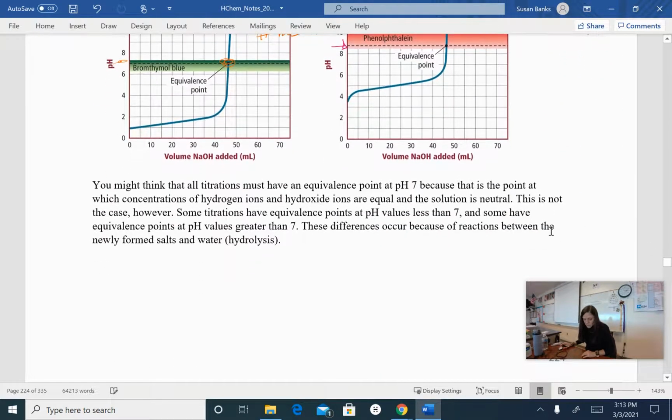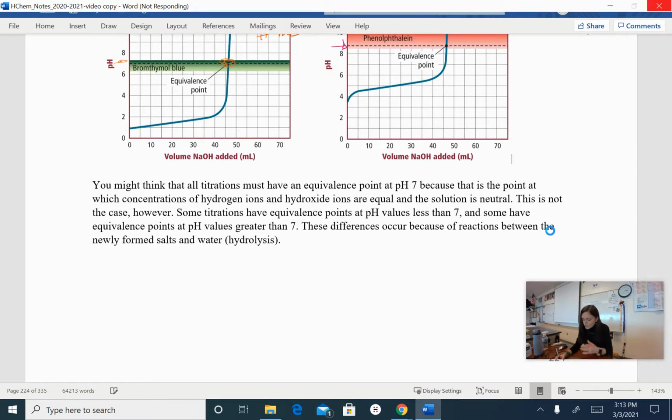You might think that all titrations must have an equivalence point at 7 because that's the point at which concentrations of the hydrogen and hydroxide ions are neutral. But it's not the case. Some titrations have equivalence pH values less than 7, so that's when we have a strong acid with a weak base. And some have equivalence points with values that are greater than 7.